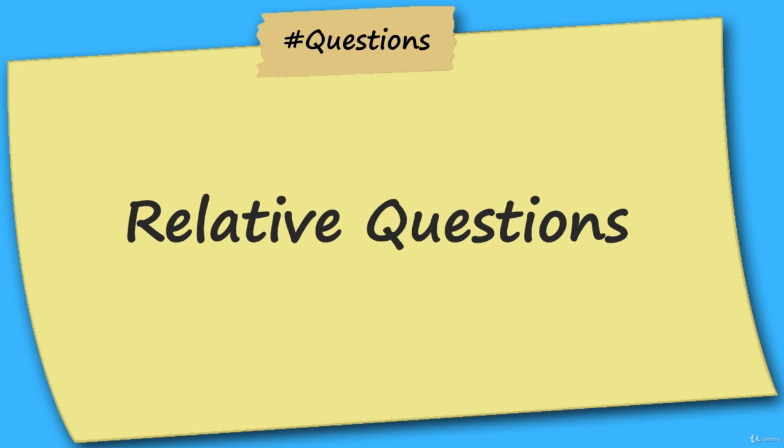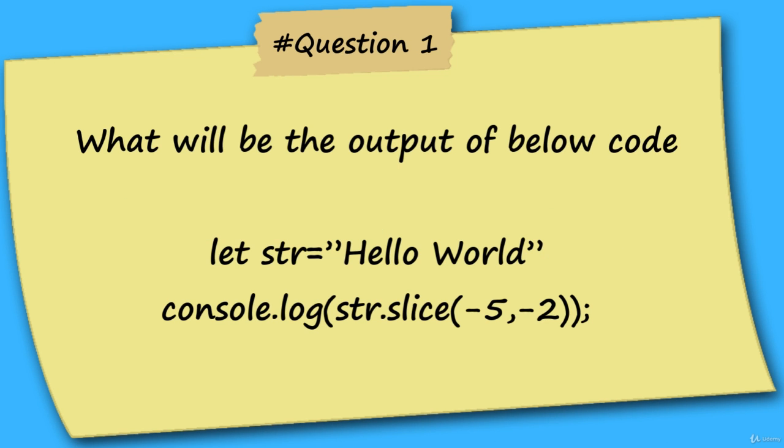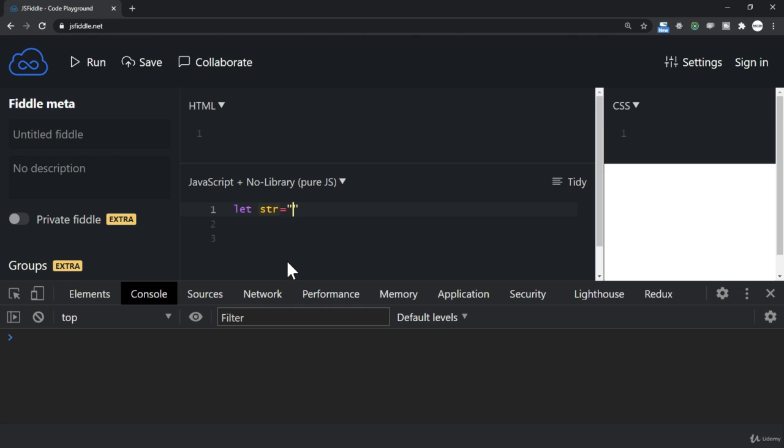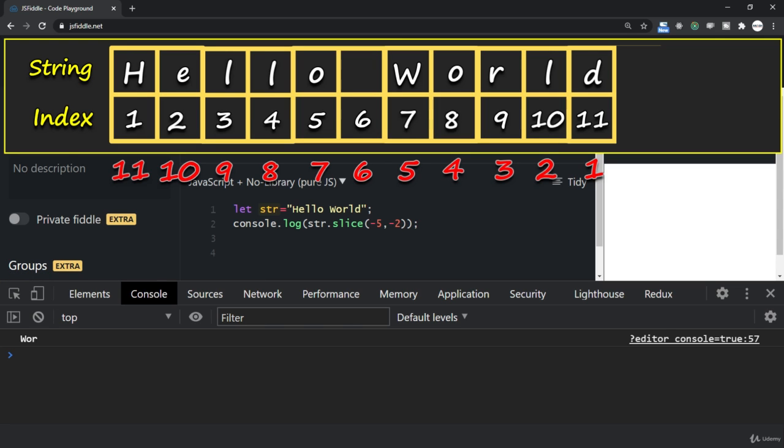Now let's talk about questions. The first question is, what will be the output of the below code? Let me type the code here first. I'll say hello world and the console log where I'm using str.slice. So what should be the output of this? Now -5, that is 1, 2, 3, 4 and 5, right?